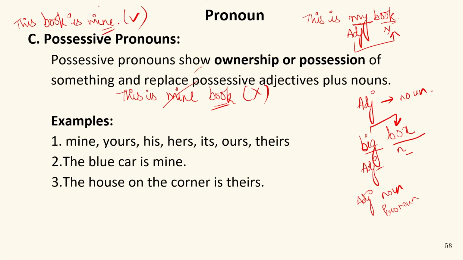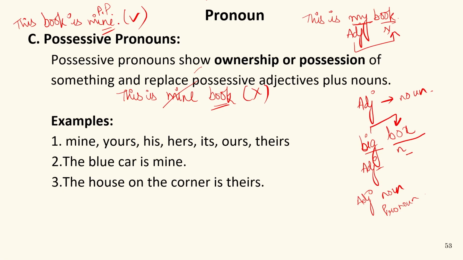This word "mine" is a possessive pronoun. In this sentence we have replaced the noun and used a pronoun. Both sentences, "this book is mine" and "this is my book," are correct and have the same meaning.